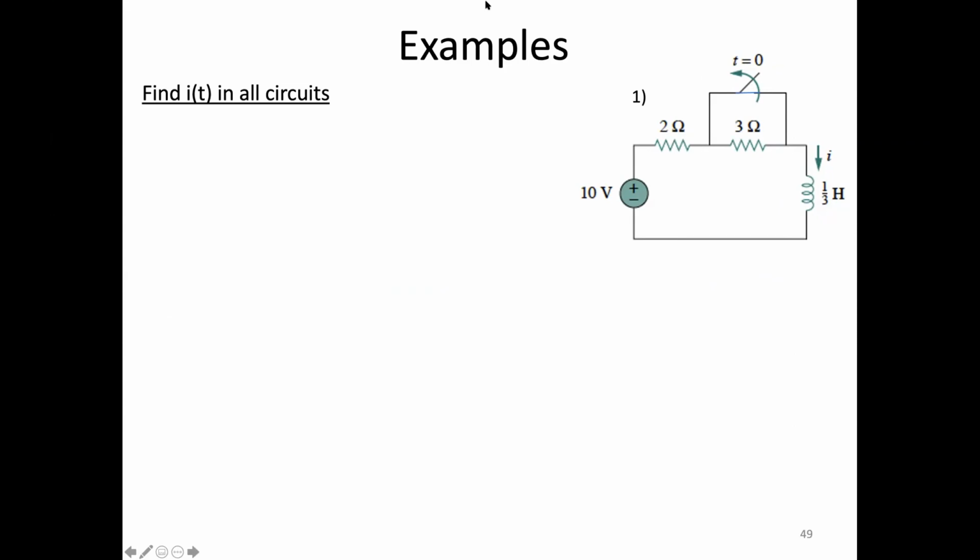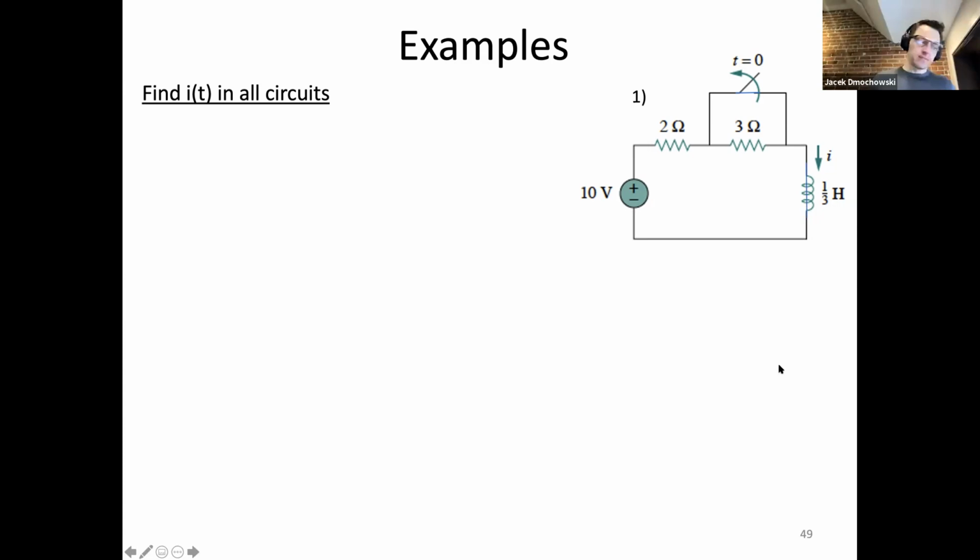It short circuits the resistor. That's right. And remember also that at time equals 0 minus, the inductor is also a short circuit because it's been sitting there for a very long time without any change, right?